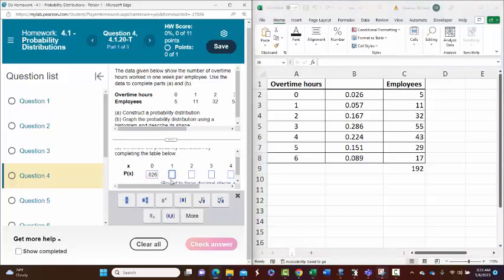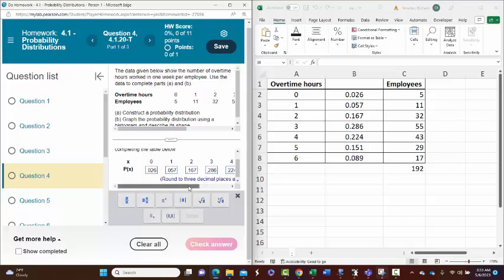There we go. Of course, I'll have to scroll over, but that's no problem. .167, .286, .224, .151, and .089.